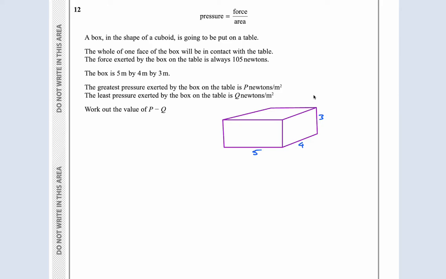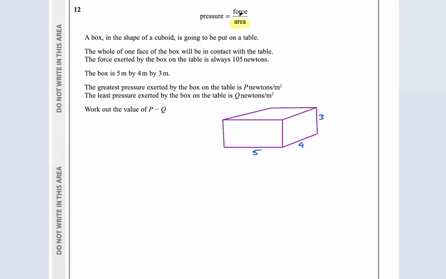So remember, pressure, if you push, let's say, a bottle down on someone's arm, it doesn't hurt that much because there's not much pressure, because the area of the bottle is quite big. So the bigger the area, the less the pressure.